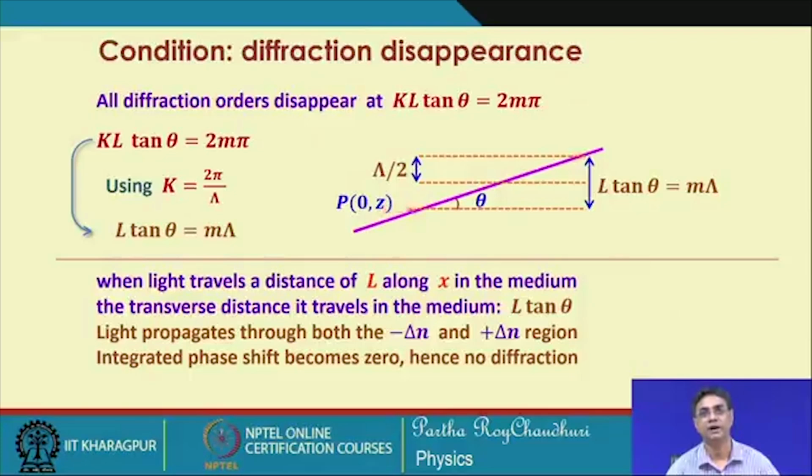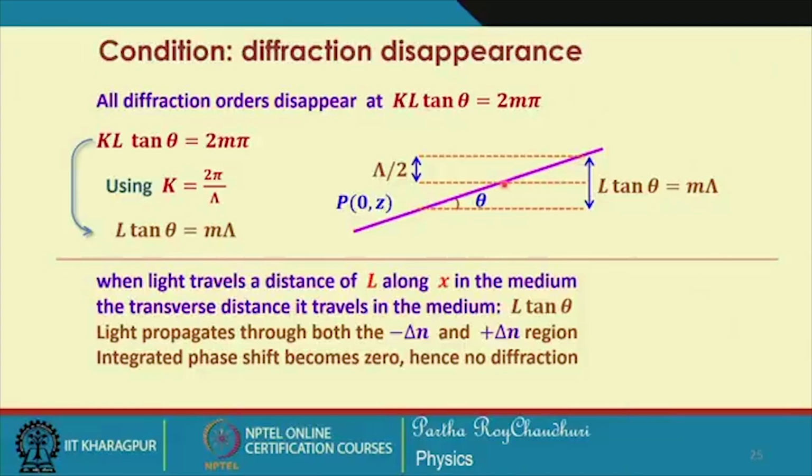Therefore, if you average it over this entire length, because it is linear, you see it moves straight and you have an equal weight of delta n on either side. So, this minus delta n to plus delta n integrated over, the entire change in the phase is equal to 0.